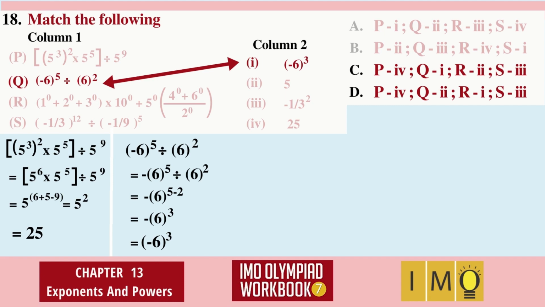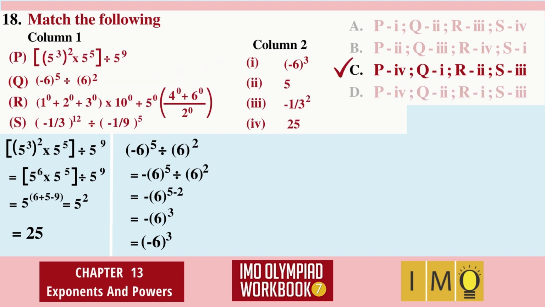This pair is available only in option C. So even before finding out the answers for the other statements, we can confirm that the right option for this question is option C. But still, we'll find the answers for the other statements as well.